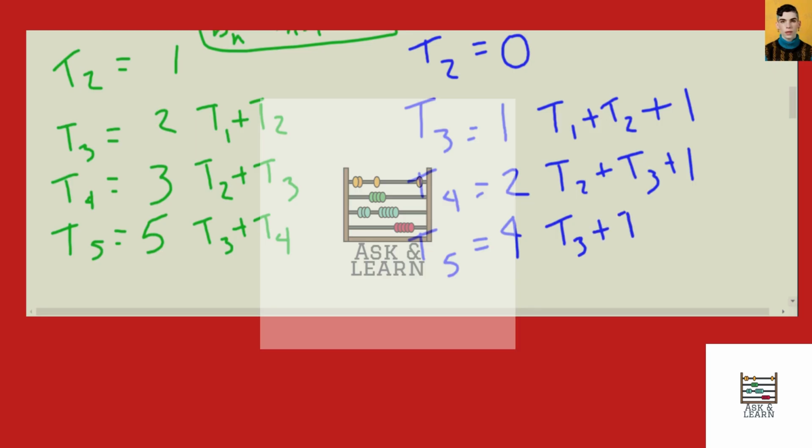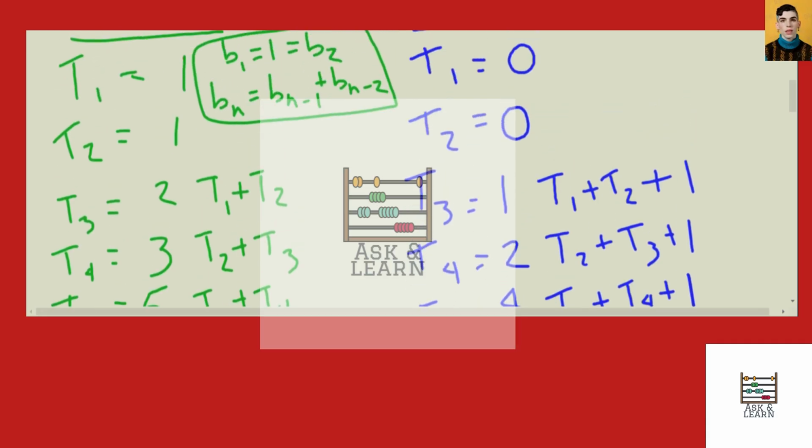And then T3, which is 1, plus T4, which is 2, so that's 3, plus the 1 is 4. So this would be C1 equals C2, which is 0, and Cn is going to equal Cn minus 1 plus Cn minus 2 plus 1.